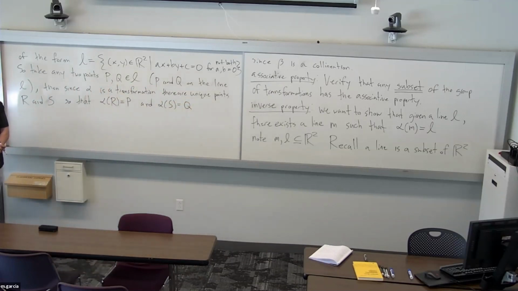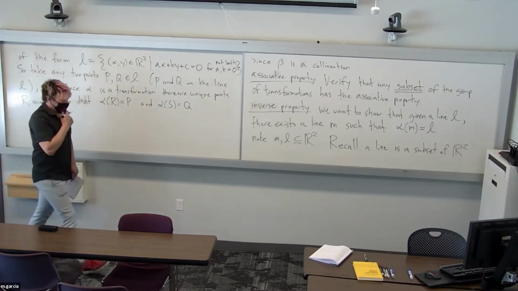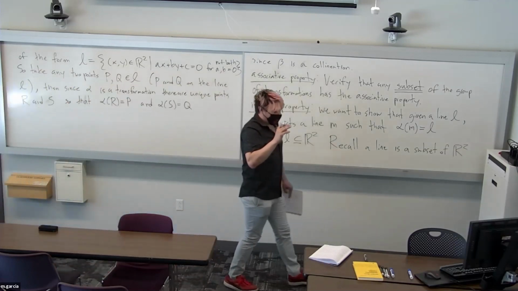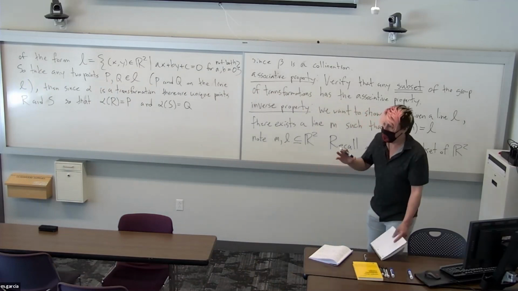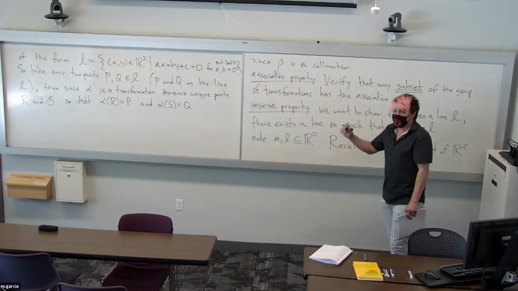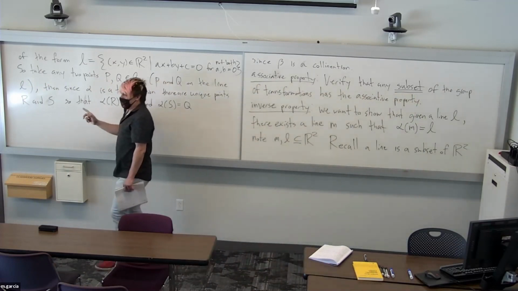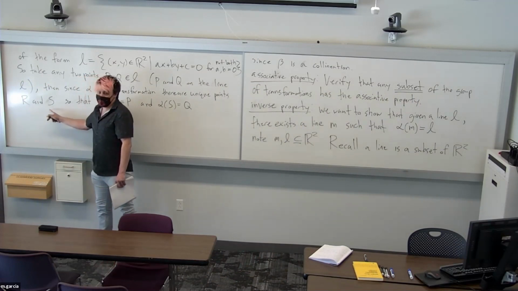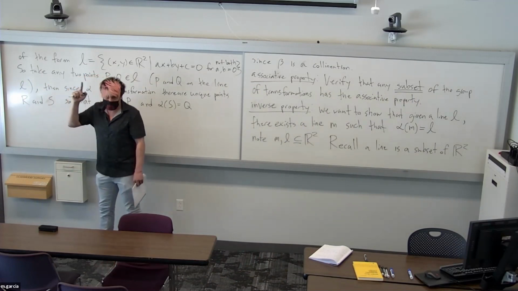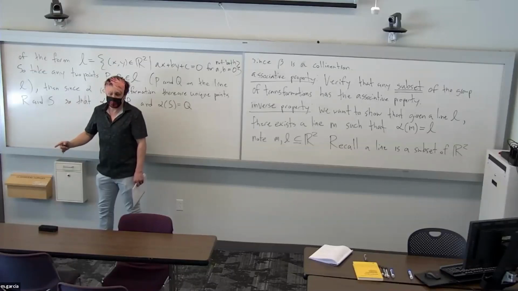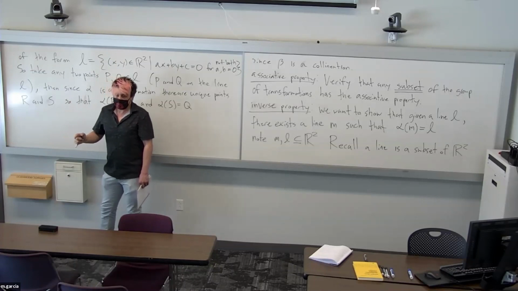Now comes the real rub here. We have to apply Euclid's axioms. Any two points in the plane, R and S, there must be a unique line through them. That's an axiom of Euclidean geometry.